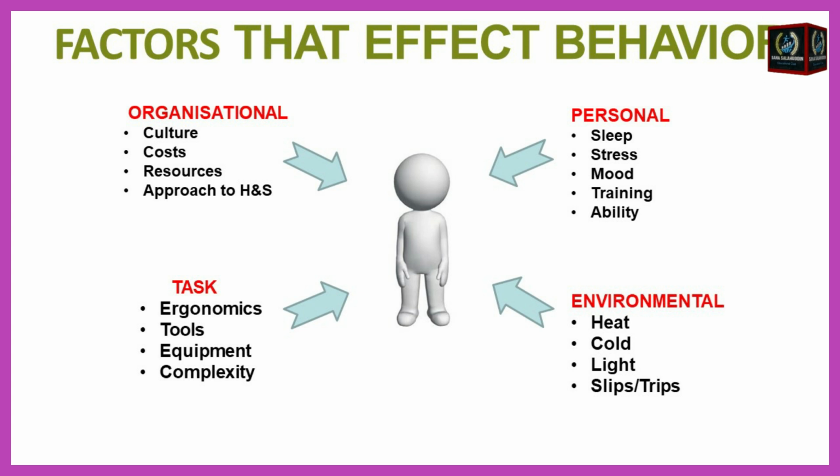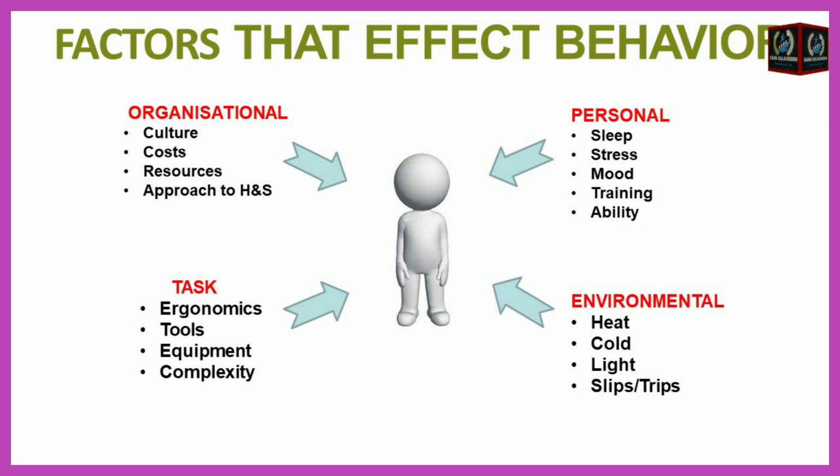It can be organizational, task, personal and environmental factors. In the organizational factors, it can be culture, cost, resources, or the approaches of health and safety. Then personal attributes of the person like sleep, stress, mood, training, and ability also play a very important role.